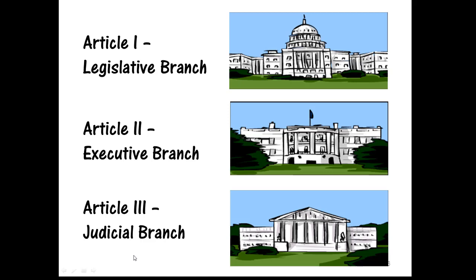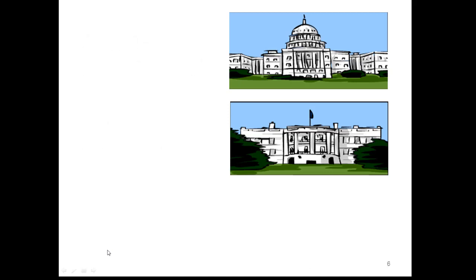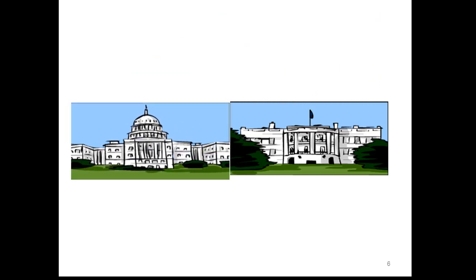For this session, we will primarily focus on the legislative and executive branches. So, by giving Congress the authority to make the laws, the Constitution confers on Congress authority over spending federal money. This is referred to as the power of the purse.